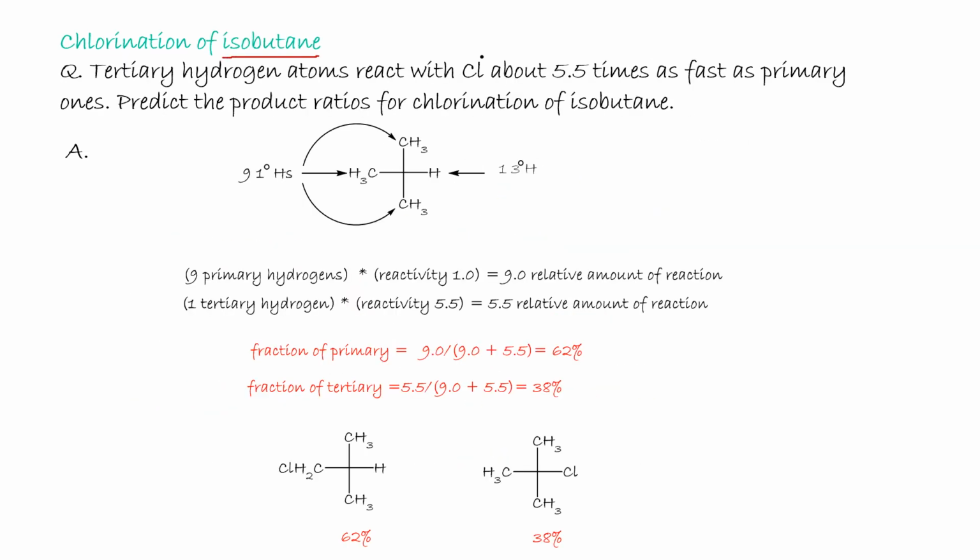Chlorination of isobutane. Tertiary hydrogen atoms react with chlorine about 5.5 times as fast as primary ones. Predict the product ratio for the chlorination of isobutane. We have 9 primary hydrogens in isobutane, 3, 6, 9, while we have only 1 tertiary hydrogen.